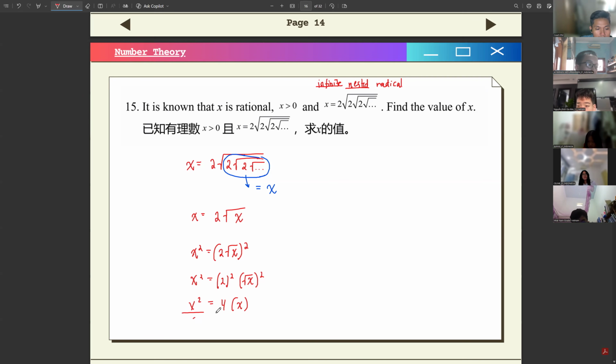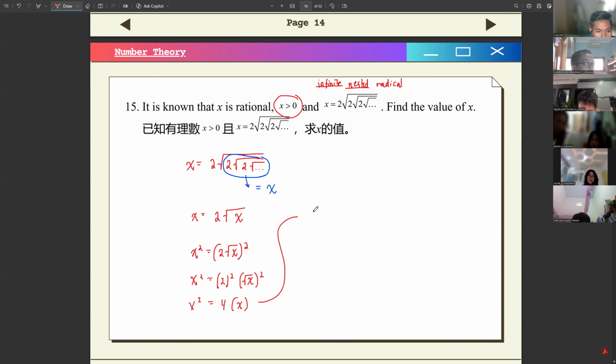Why can't we do this? Because there's a possibility that you're doing division by 0. Actually, you could do this here because it says that x is greater than 0. But in general, if this is not said, you can't divide by x, to avoid dividing by 0. So for safe practice, let's avoid dividing by x.